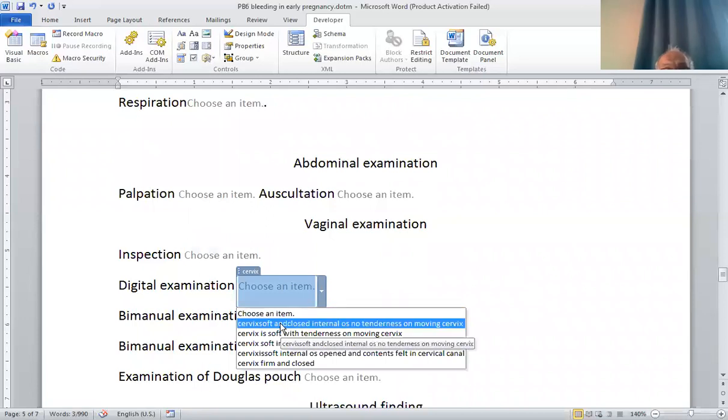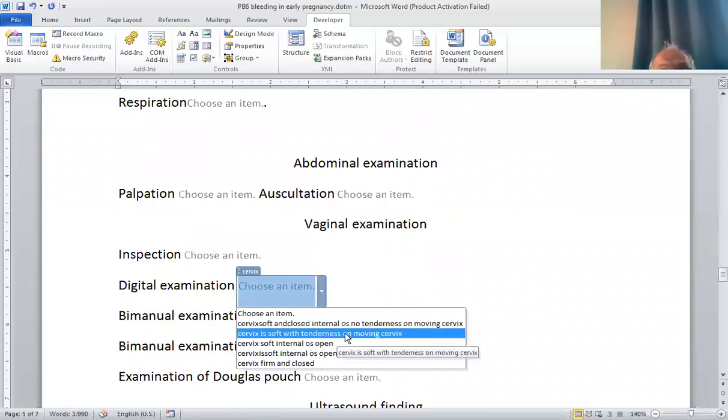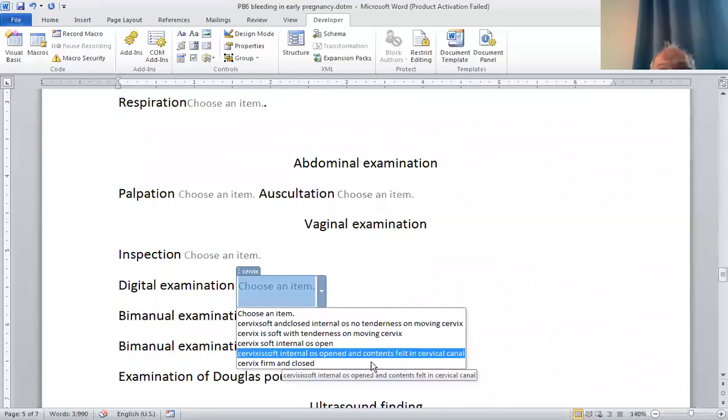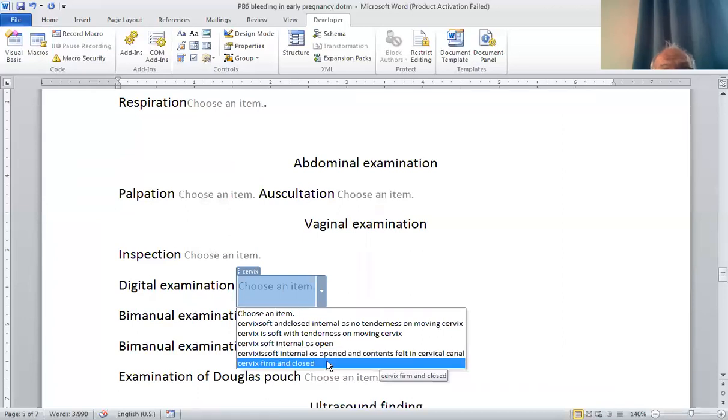Is the cervix soft with no tenderness on moving the cervix, or soft with tenderness on moving the cervix? Is the cervical internal os open, with products felt in the cervical canal, or is the cervix closed and firm?